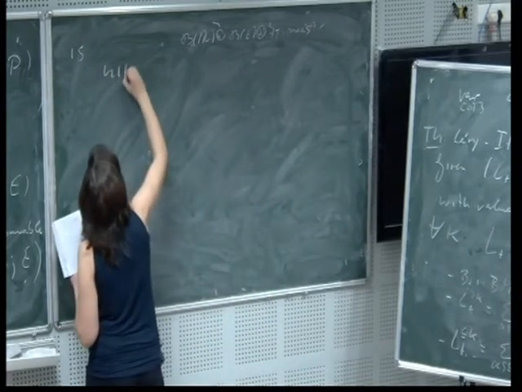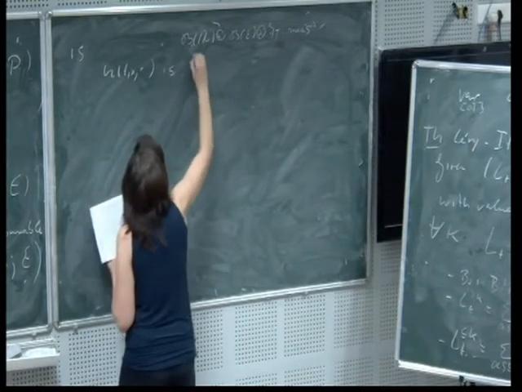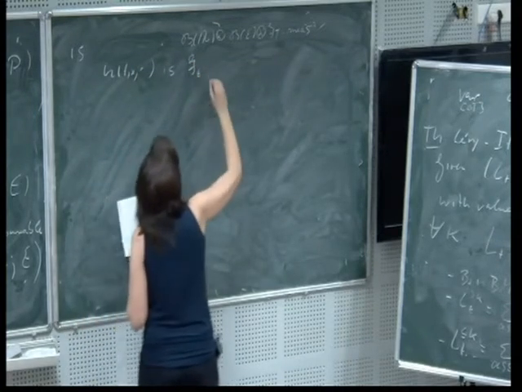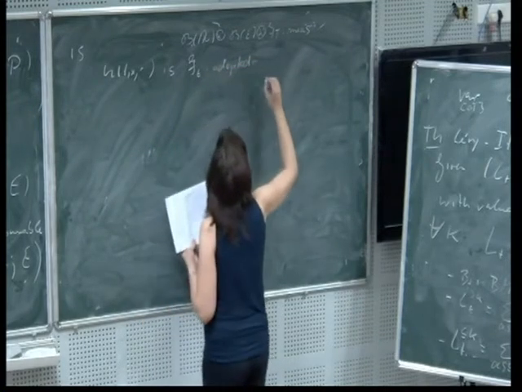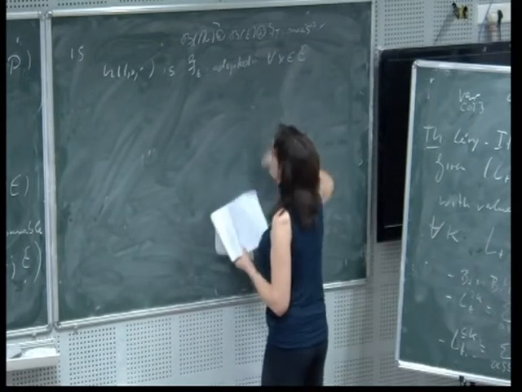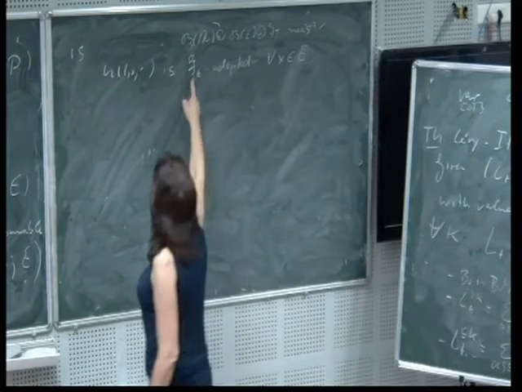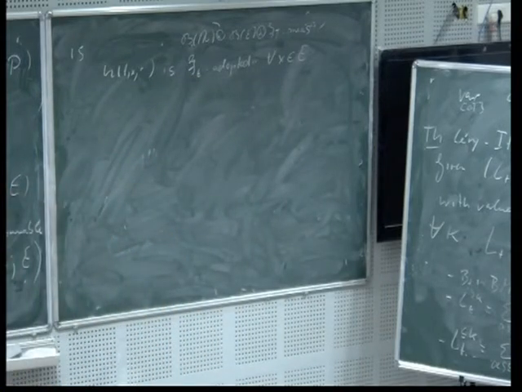So h(t, x) is F_t adapted for all x fixed. This has to be measurable on my filtration. So I assume this to be in this space of progressively measurable functions for all big T. Okay?